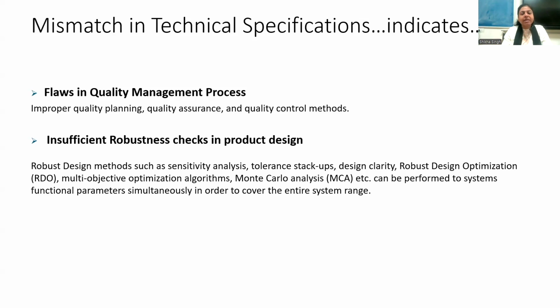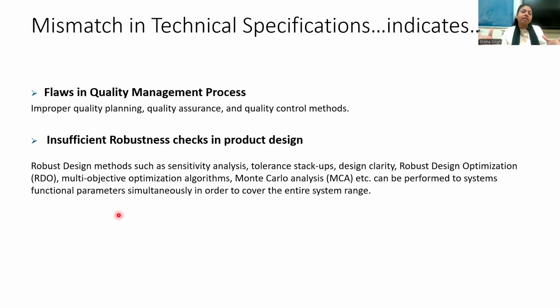There are multiple methods which you have already seen in previous lectures, such as sensitivity analysis, tolerance stack-ups, design clarity, robust design optimization, multi-objective optimization algorithms, Monte Carlo analysis, etc. We can perform these on the system's functional parameters simultaneously to cover the entire system's range.